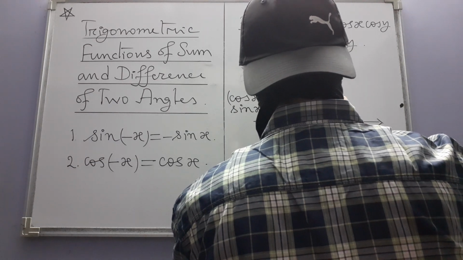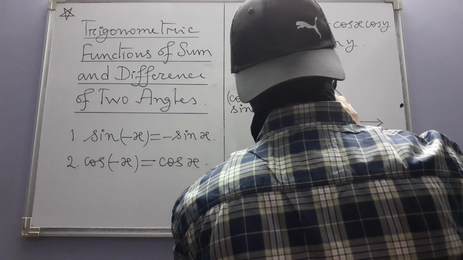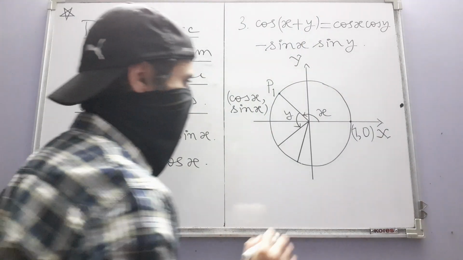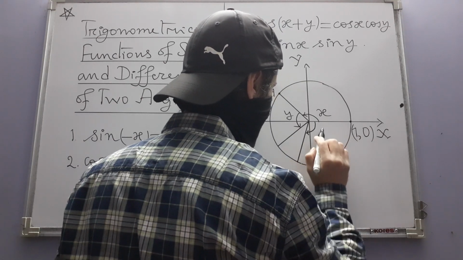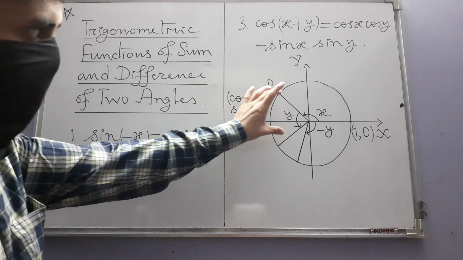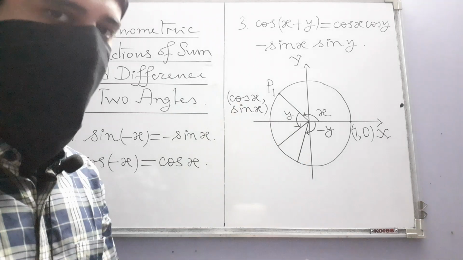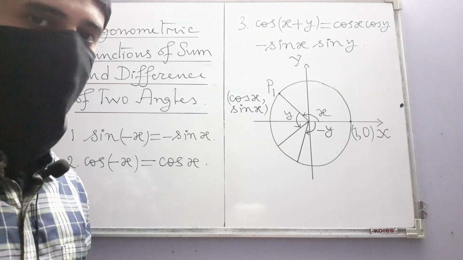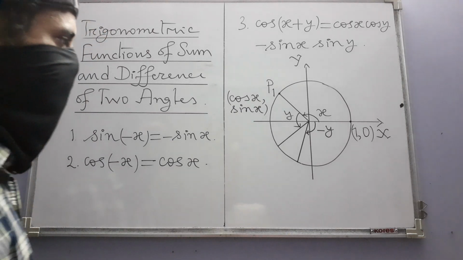Say the terminal line of minus y is this. All right, so this is our minus y. The magnitudes of these two angles, this angle and this angle, are the same, but they are of opposite sign because the rotations are in two different senses.